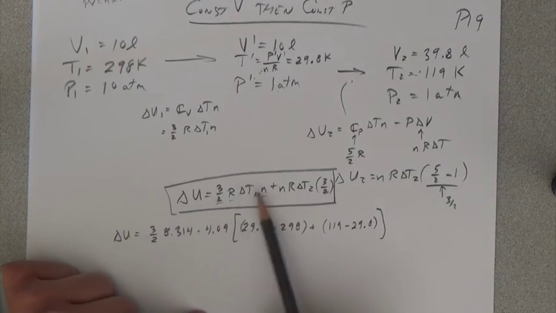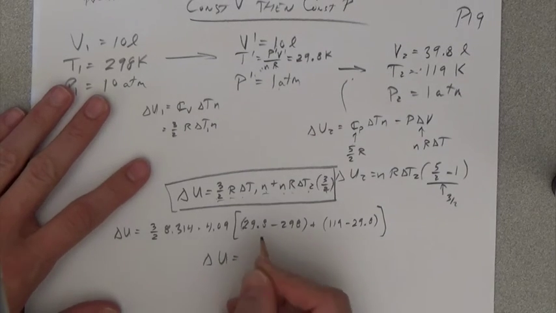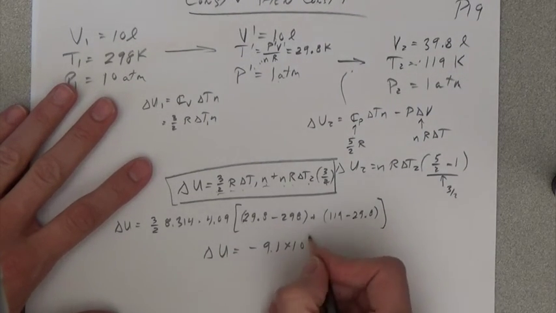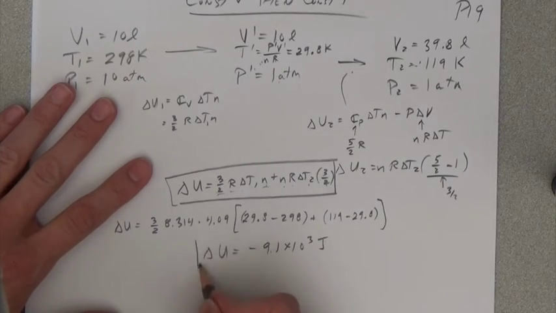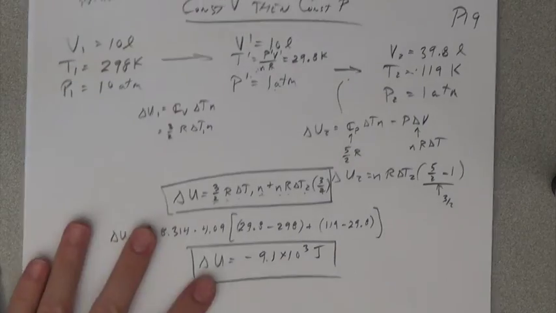So delta T gives us delta U is equal to negative 9.1 times 10 to the 3 joule. Okay.